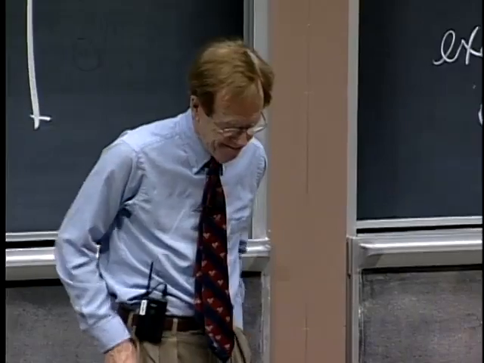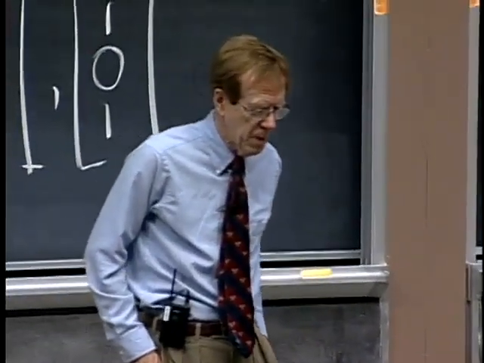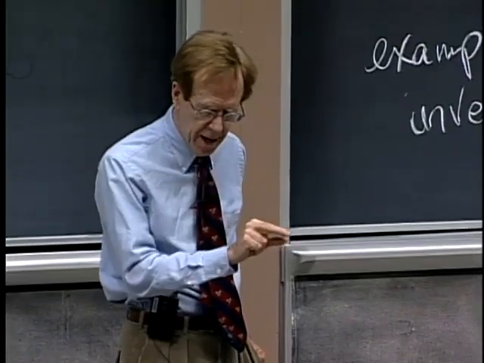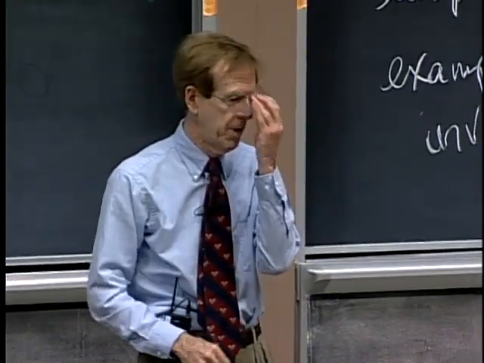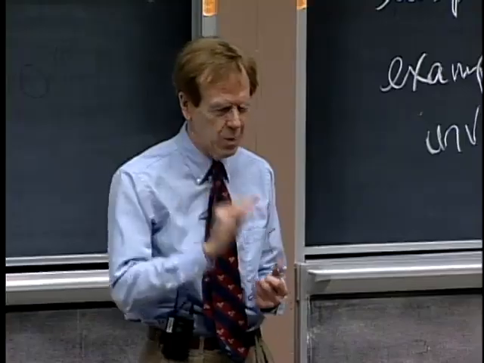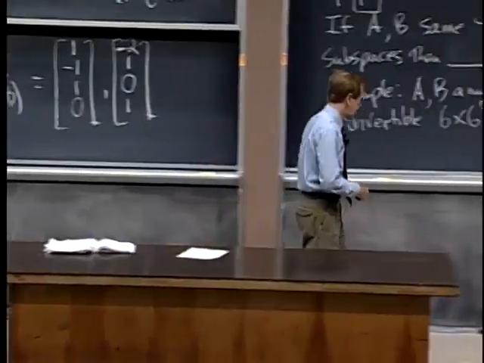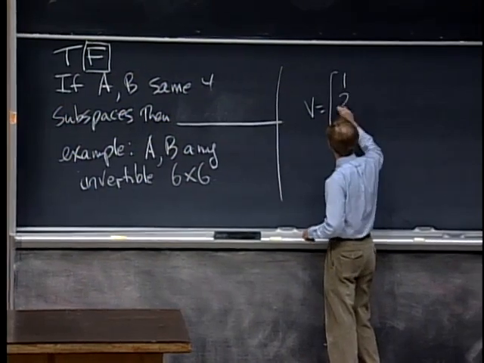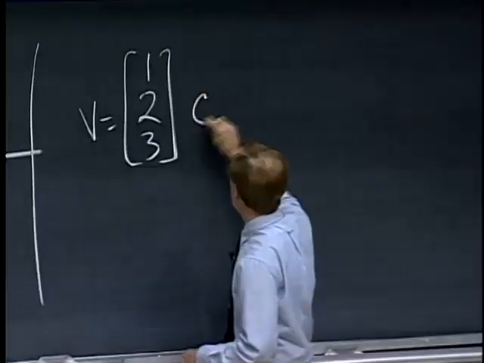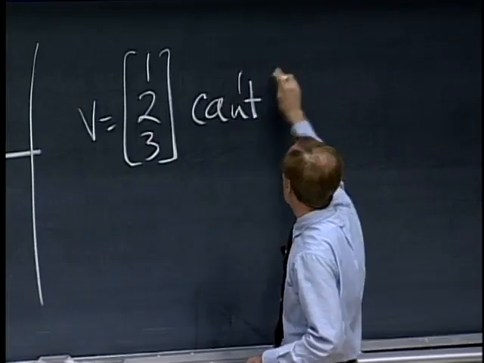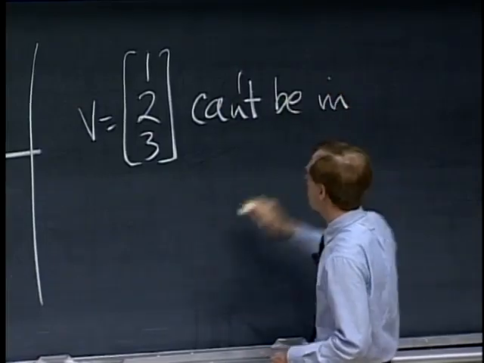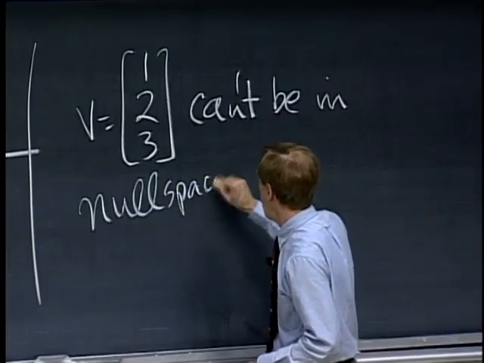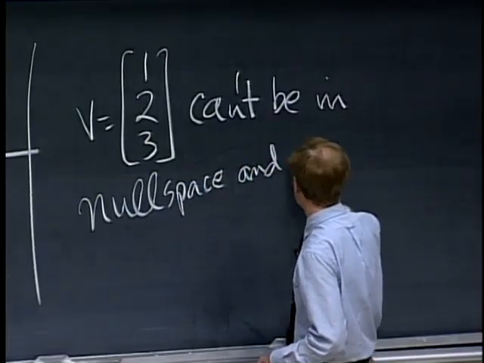Okay. Here's a question. This leads into the next chapter. Why can the vector 1, 2, 3 not be a row and also in the null space? Let me close with this question. So this 1, 2, 3 can't be in the null space of a matrix and the row space.